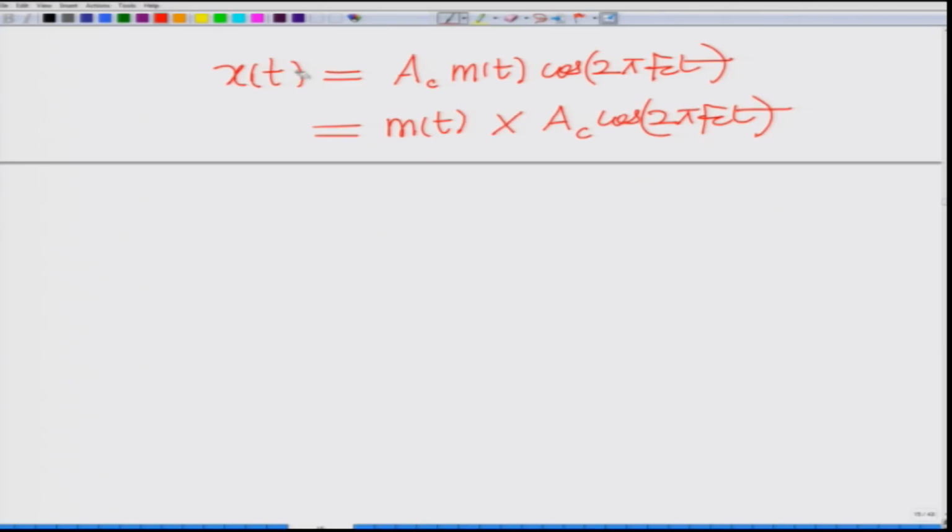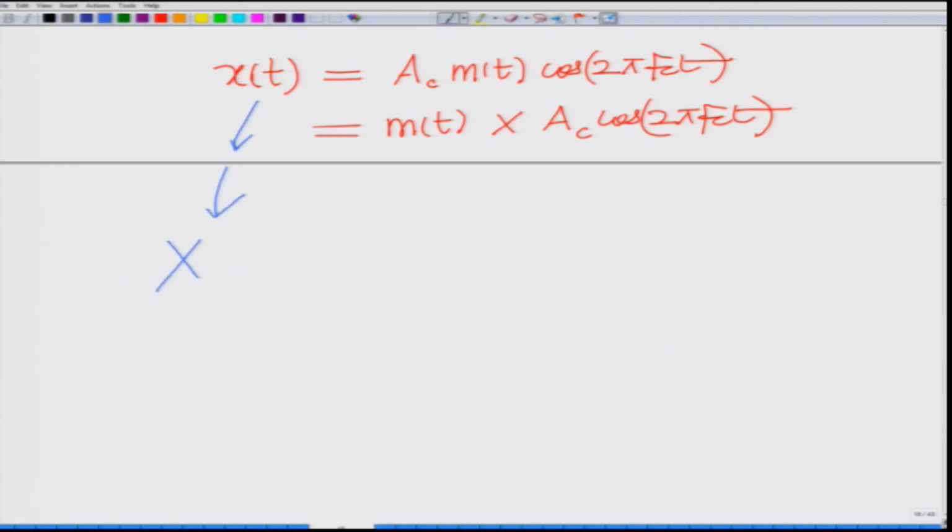It is a multiplication in the time domain, which means the frequency response X(f) is the frequency response M(f) convolved with the frequency response of the carrier A_c cosine 2 pi f_c t. So, multiplication in the time domain is convolution in the frequency domain. Therefore, we have, correct, we have already seen this before.